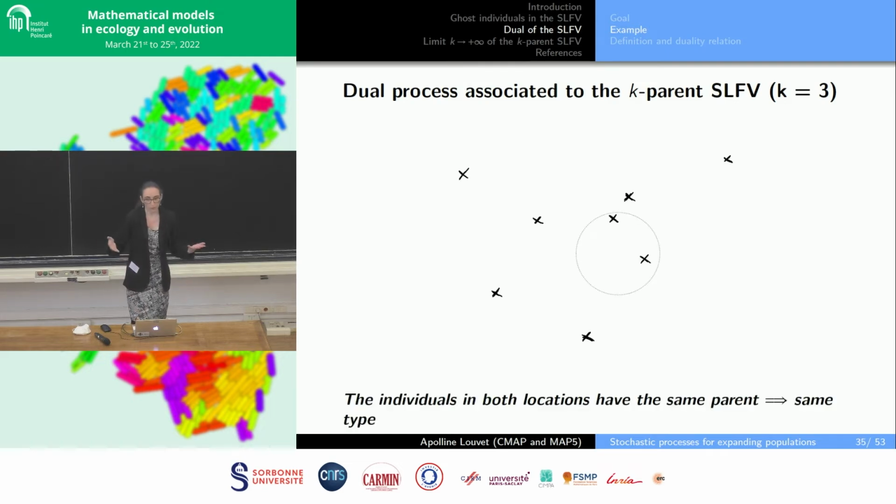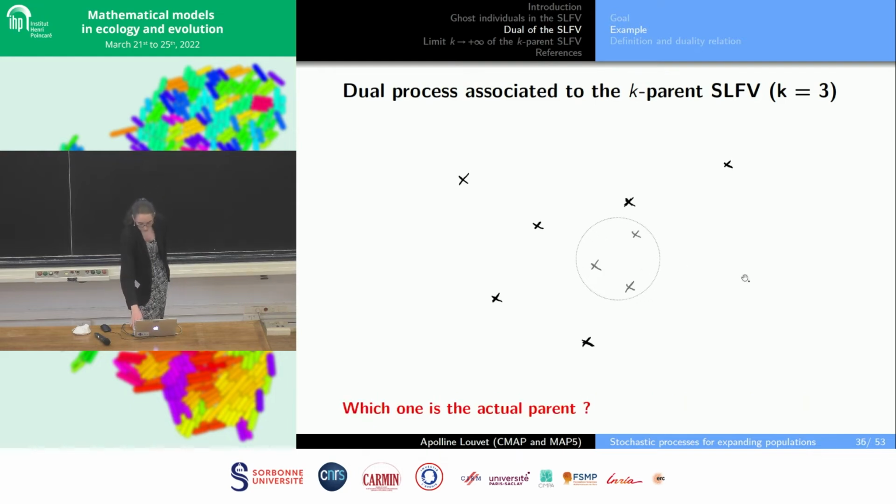For instance, the first one was this one, which affected exactly 2 individuals which come from the same parent. Now that we know that the 3 potential parents are these ones, in order to decide which one of them is the actual parent, we need to know whether these potential parents are real or ghosts. But that's actually the kind of information that we started going backwards in time to find.